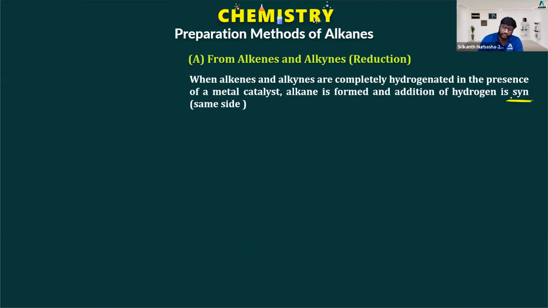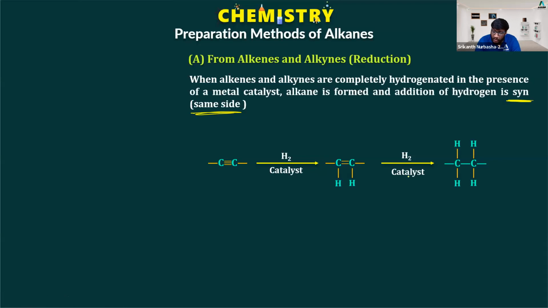Syn means same side. Like C triple bond C, when you treat with H2 in the presence of catalyst, you get a C double bond C with two hydrogens connected on the same side. C double bond C, again H2 in the presence of catalyst, forms CH2, CH2, single bond carbon-carbon. The hydrogens are again added on the same side, syn addition.